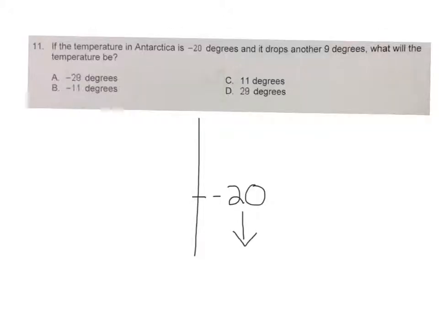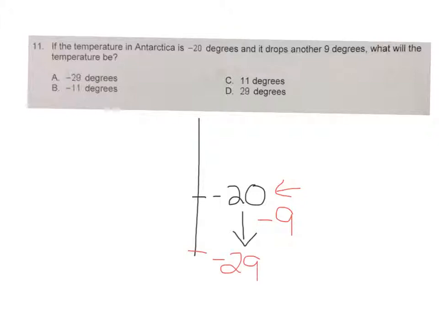Number 11, if the temperature in Antarctica is negative 20 degrees and it drops another 9 degrees, meaning it's going down 9 degrees, then it's going to be getting colder to negative 29.